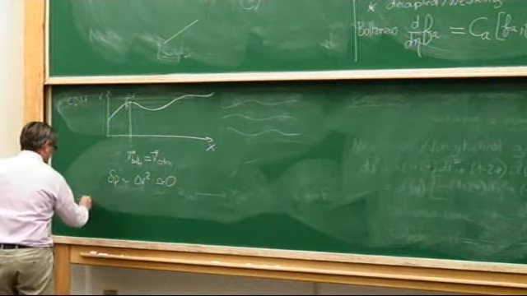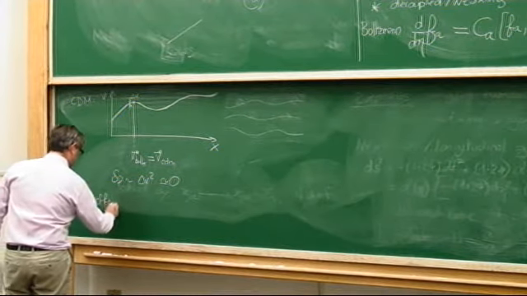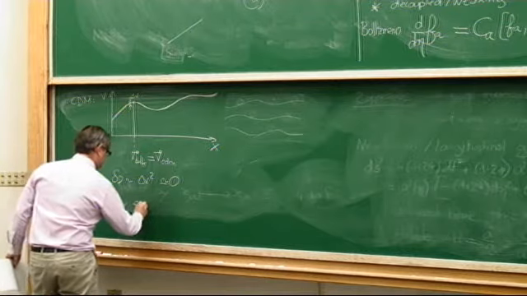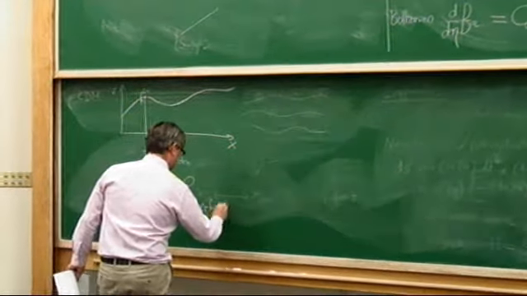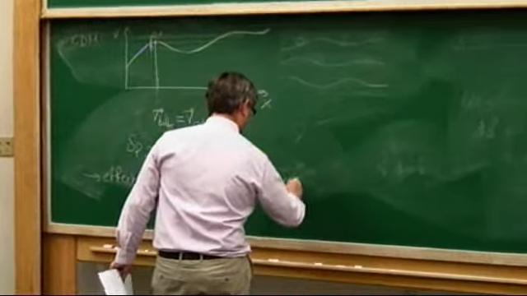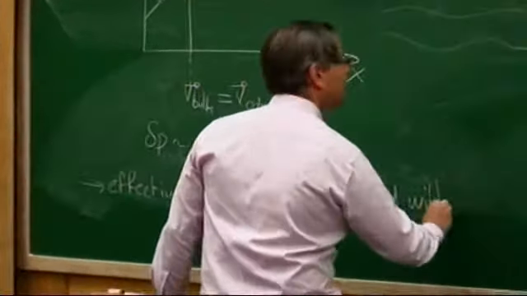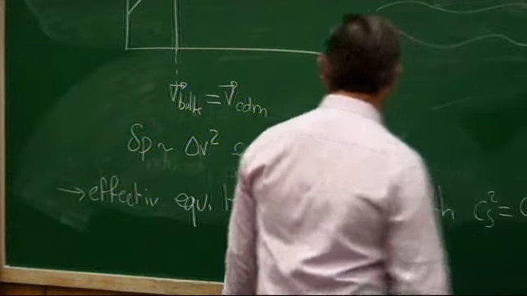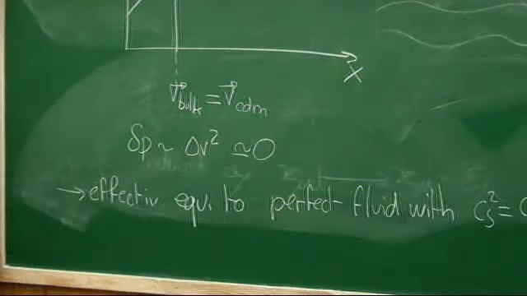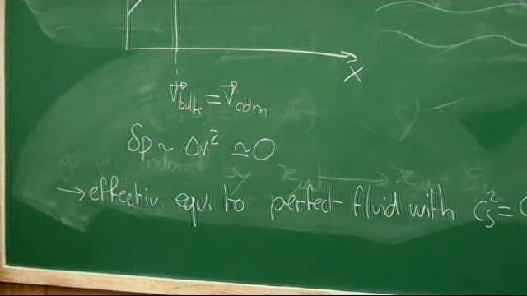So this is effectively equivalent to a perfect fluid with a sound speed squared, delta P over delta rho, equal to 0. This is true only at the level of linear perturbation.